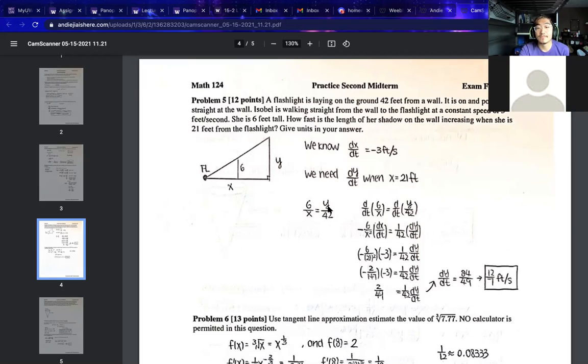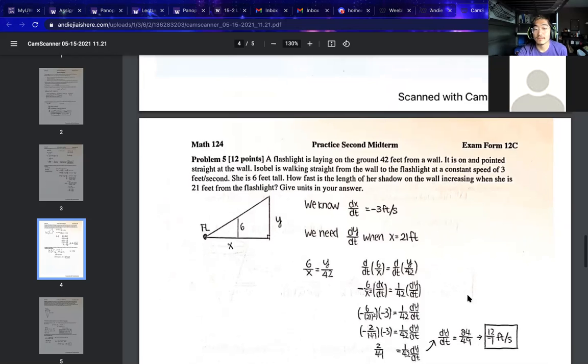You plug in, y over 42, so this is 1 over 42 times dy/dt, and you get this. Now you put a number in there, dx/dt is negative 3.